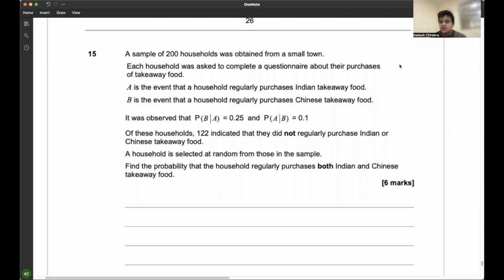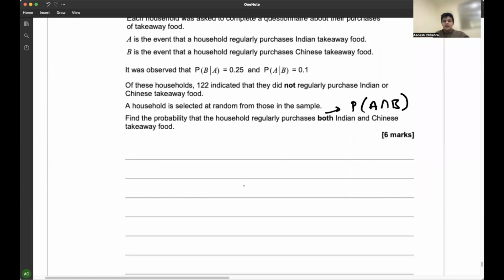And of these households, 122 indicated that they did not regularly purchase Indian or Chinese takeaway food. A household is selected at random from the sample, so we need to find out the probability that the household regularly purchases both Indian and Chinese takeaway food. So essentially, we need to find the probability of A and B.